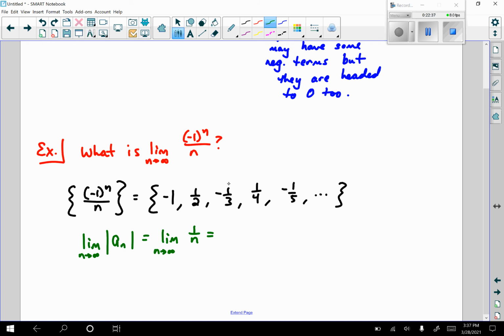Should equal 0. So if I took the absolute values of all these terms, if I plotted this on a coordinate plane, they're getting smaller and smaller. They're approaching 0. So that's what this should equal. So then we would say the limit as n approaches infinity of -1 to the n over n is equal to 0.